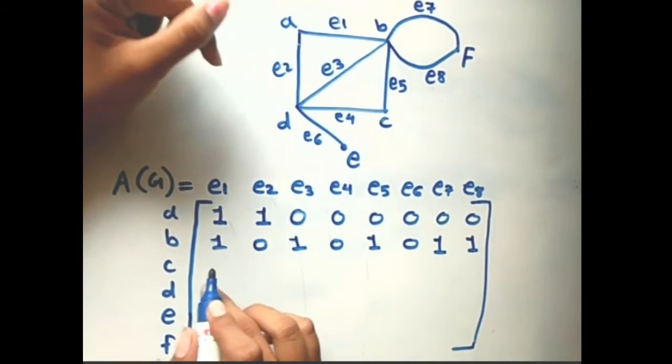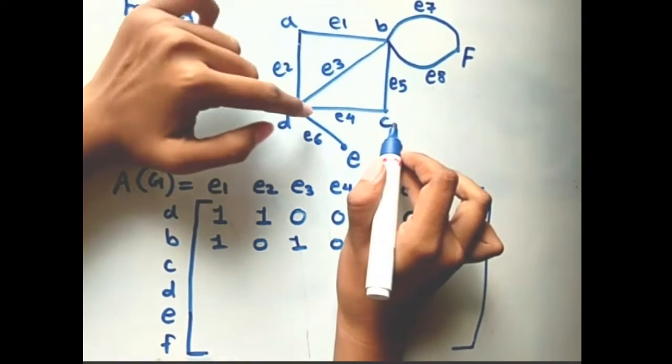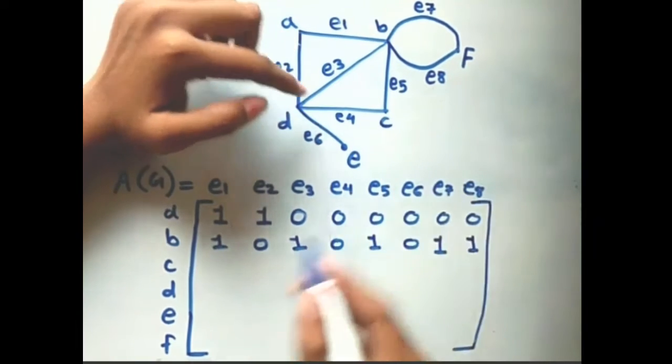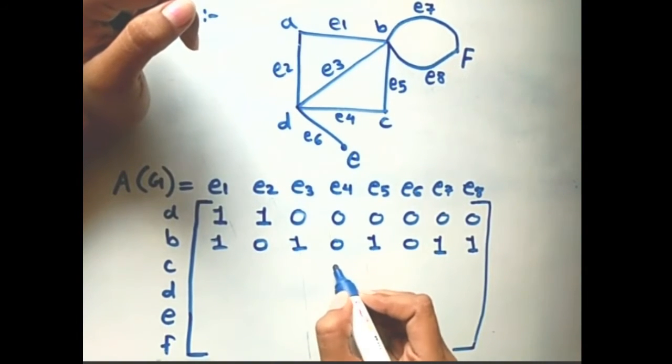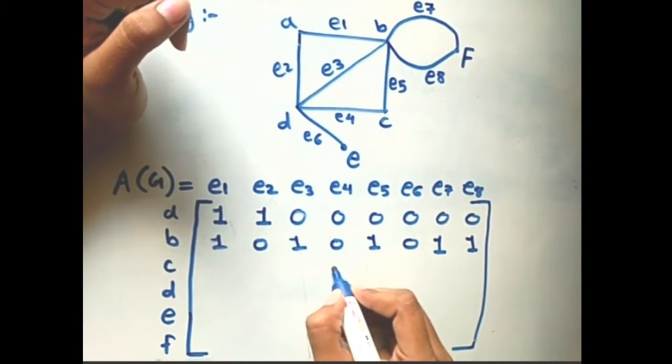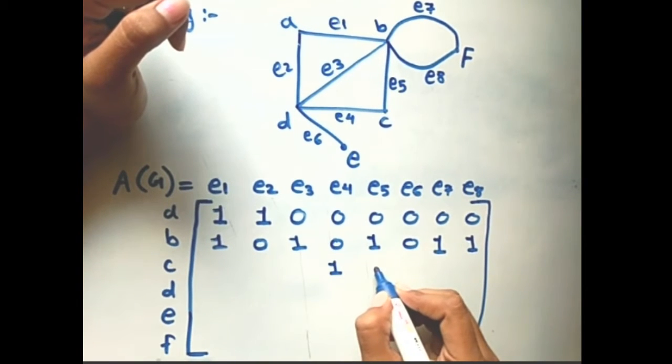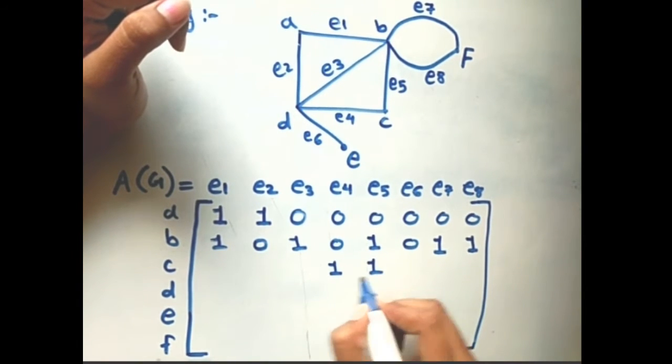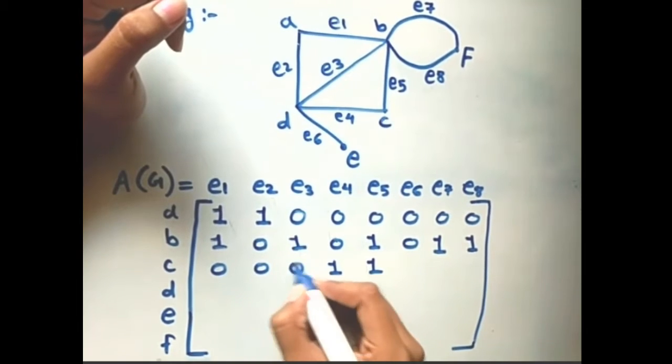Now vertex C has the edges E4 and E5 incident, therefore we will write 1 at the position of E4, 1 at E5, and 0 for the others.